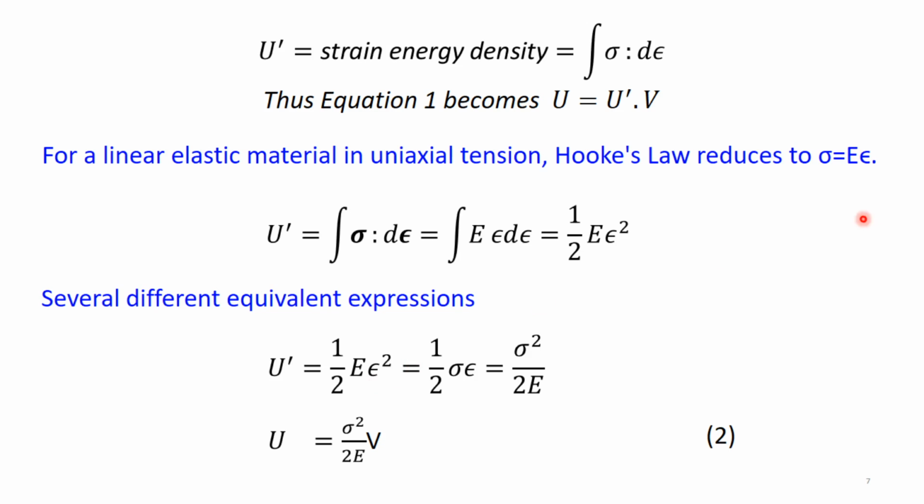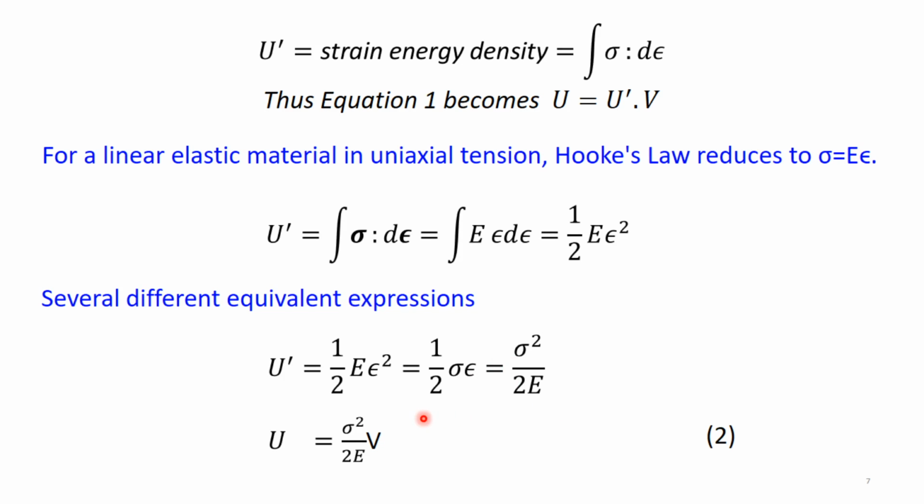This was the result. So if we put E into epsilon equal to sigma, then we have half sigma epsilon, and we can also write U prime as sigma square over 2E.